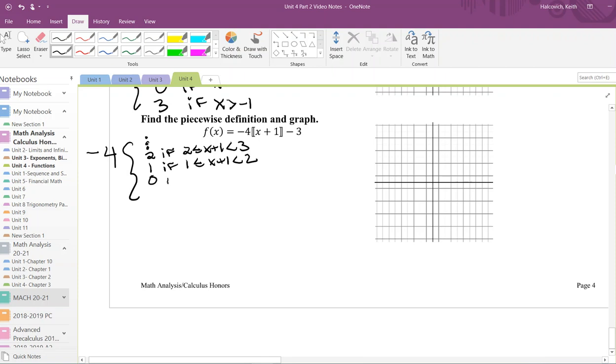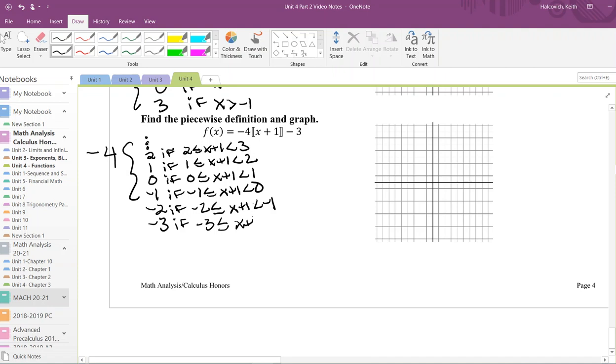It's going to be 0 if the x plus 1 is between 0 and 1. It's going to be -1 if the x plus 1 is between -1 and 0. And it's going to be -2 if the x plus 1 is between -2 and -1. And -3 if the x plus 1 is between -3 and -2.